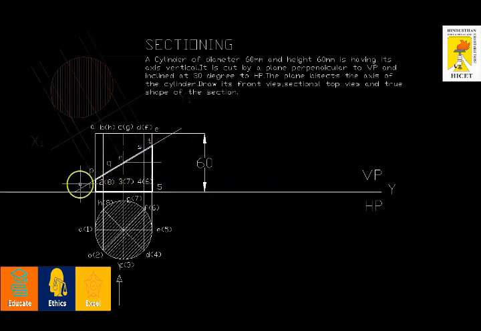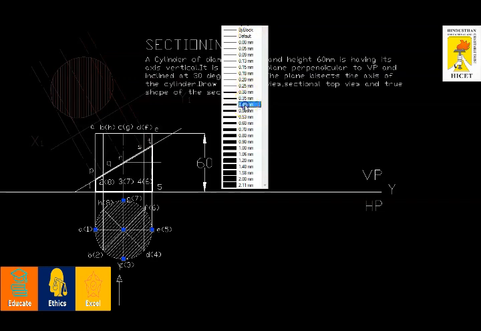See, the cutting plane cuts the cylinder at this point in this angle. The top portion has been removed, and this is the remaining portion. This is how the front view will be. When I look at this cylinder, this is how the top view will be. In order to represent it as a sectional top view, I am making this dark. Similarly, I'll darken this also.